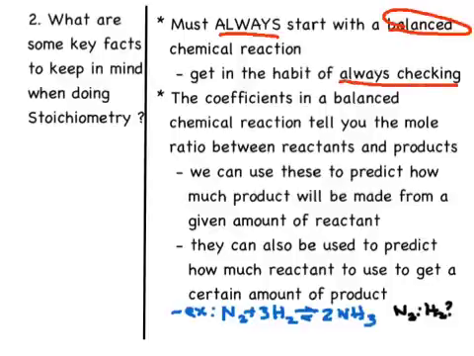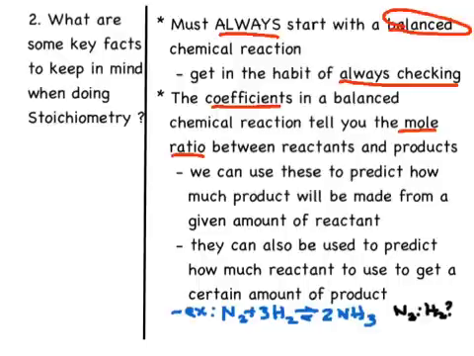Number 2, remember from last notes, hopefully it's been ingrained in your head by now, that the coefficients in a balanced chemical reaction tell you the mole ratio between the reactants and the products. That means we can use them to predict how much product we can make from a given amount of reactant, and how much reactant we need to use to get a certain amount of product.